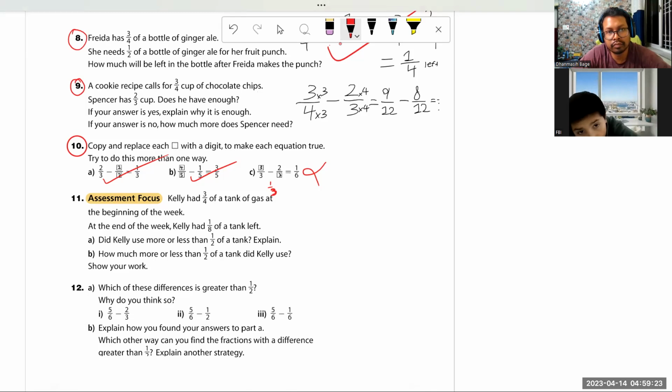Oh, nice. So, is it 3/3 minus 2/2? Because it should match with your answer.